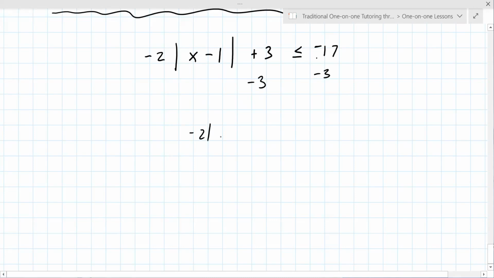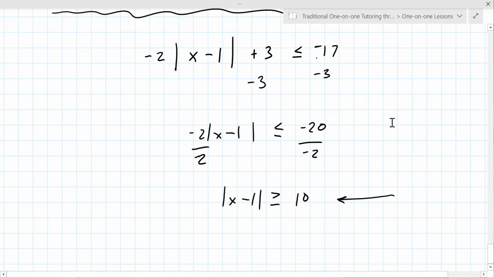You get -2, so absolute value of x minus 1. And the key here is this is the step where you make a determination about how that all works out.